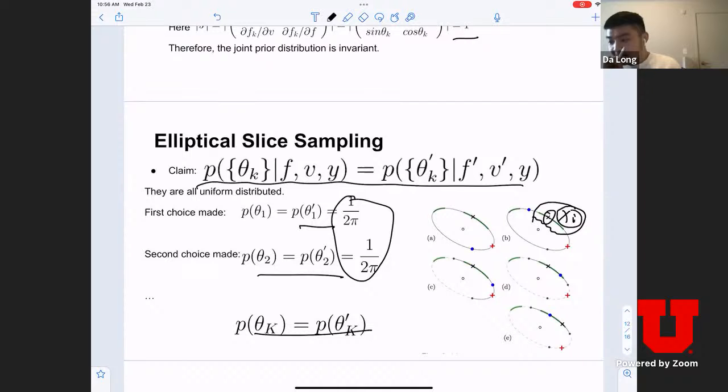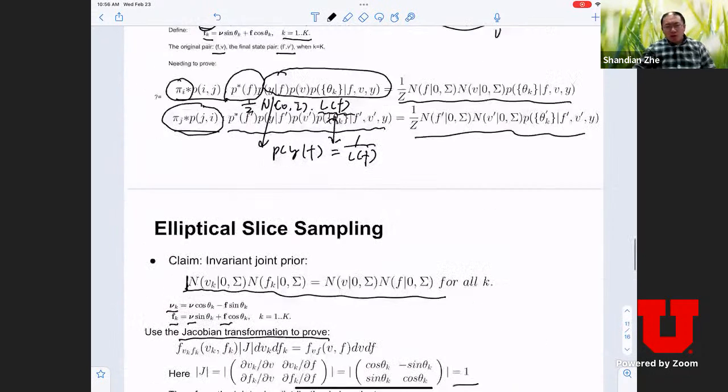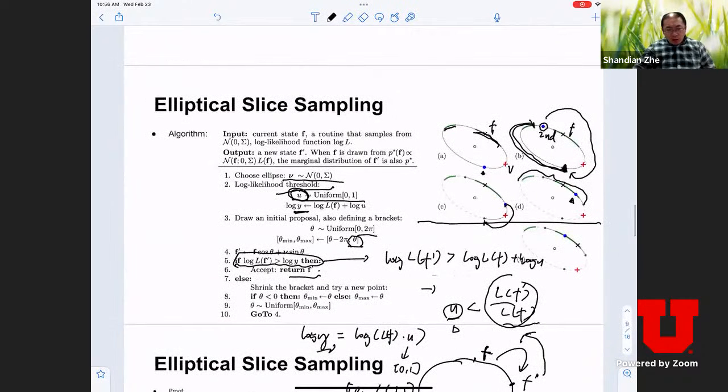Yeah, but can I take a look at the algorithm steps again? I want to make clear the shrinkage procedure. Okay, so if you fail to pass the test, you're going to shrink the bracket. At the beginning it is 0 to 2 pi, right?